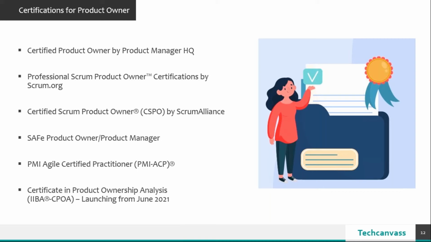So I guess once we get more information, Techcanvass can send you a detailed email about this certification, because it's launching next month. The details can be sent to the participants who are interested. So these are a couple of certifications you can do if you're thinking of this role.